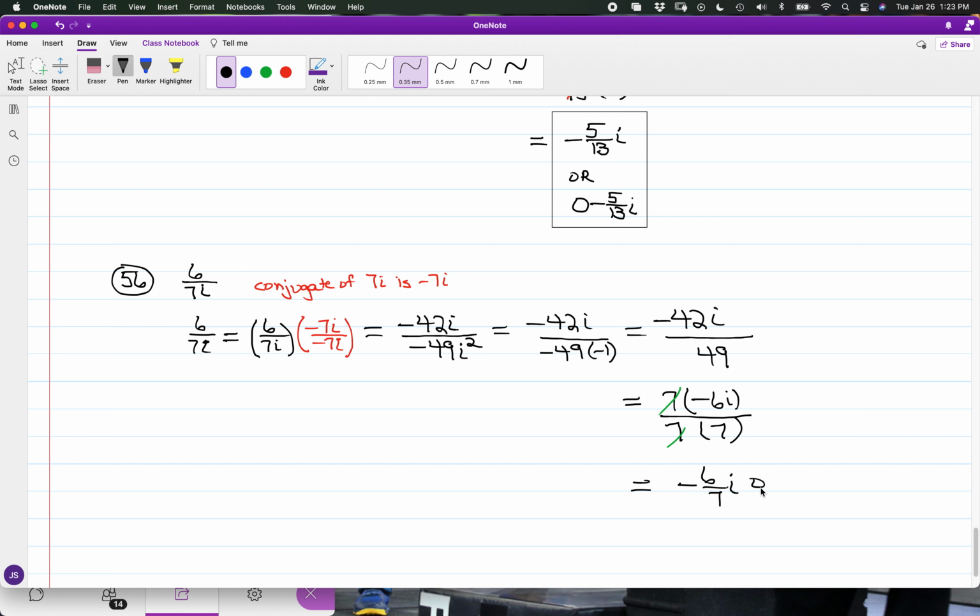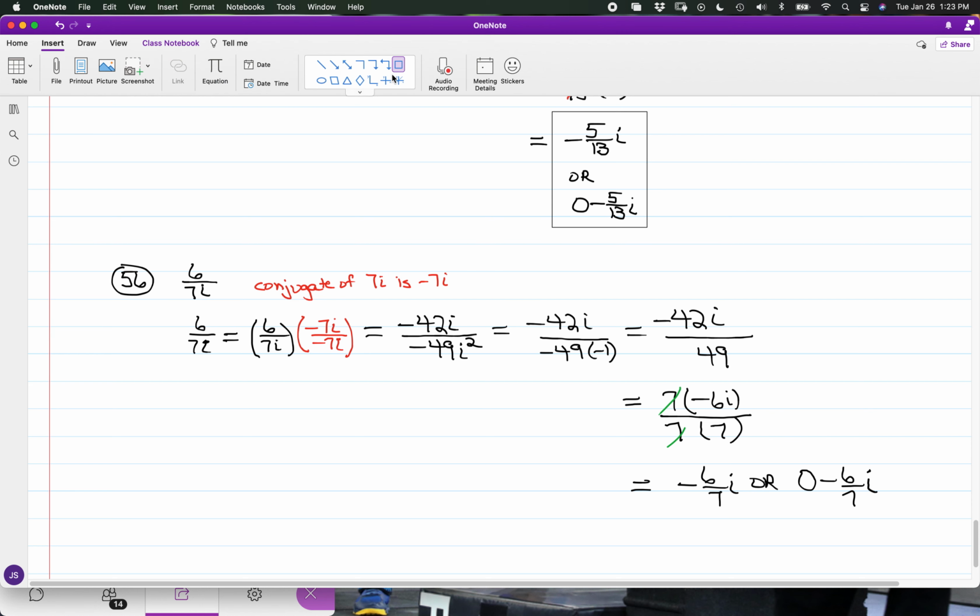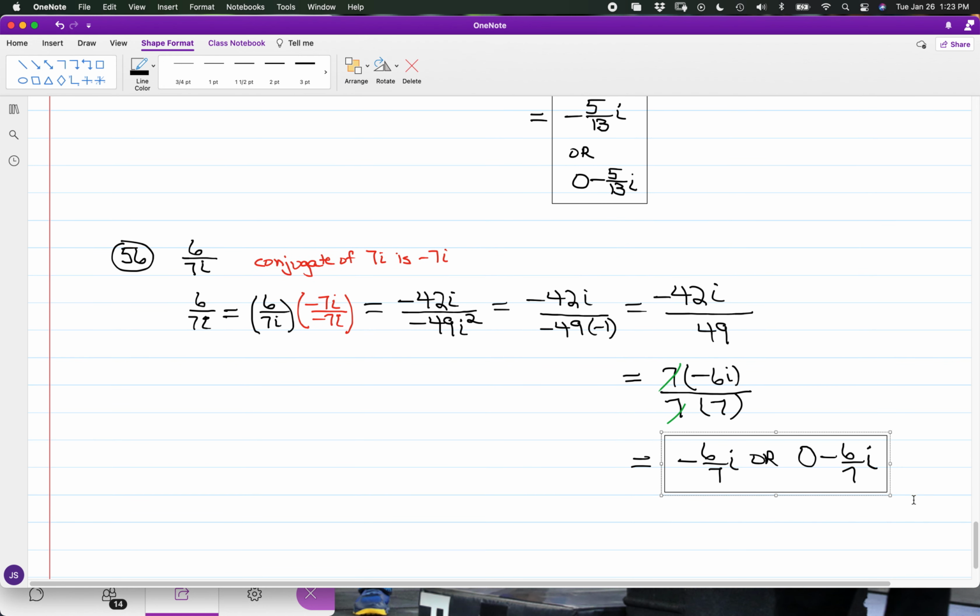And again, just putting it in explicit a plus bi form, your a is negligible, so you just write 0 minus 6/7 of i. All right.